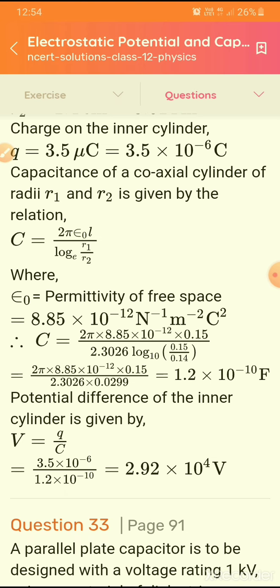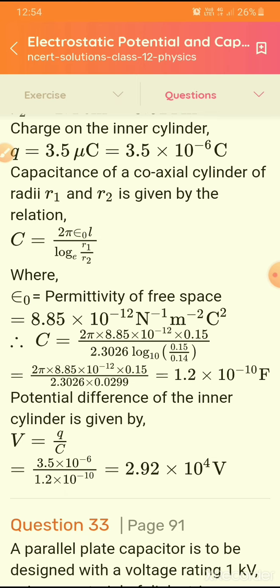So C is equal to 2 pi into 8.85 into 10 to the power of minus 12 into 0.15 divided by 2.3026 log of 0.15 divided by 0.14 to the base 10. Substituting and simplifying, you get the answer as 1.2 into 10 to the power of minus 10 farads.